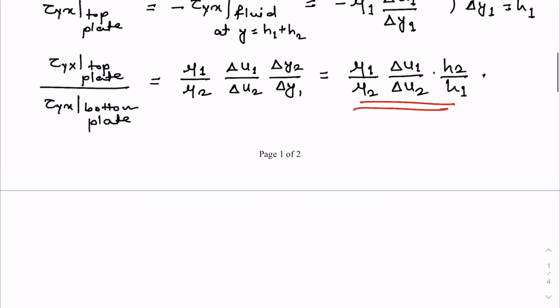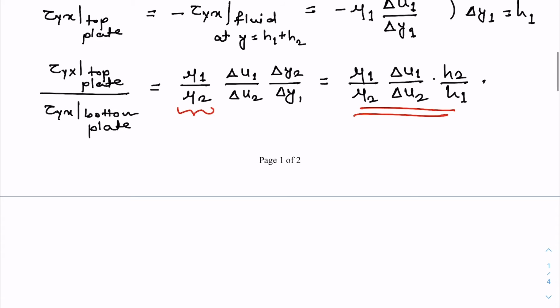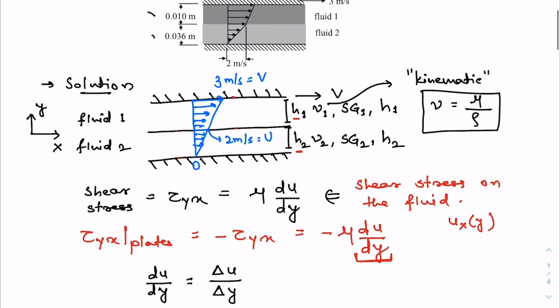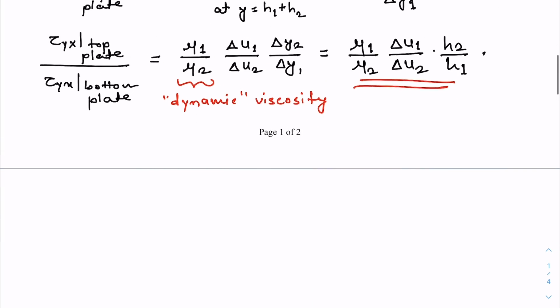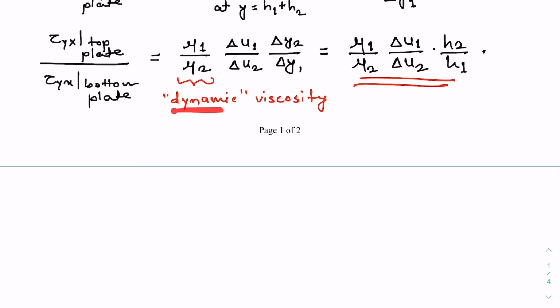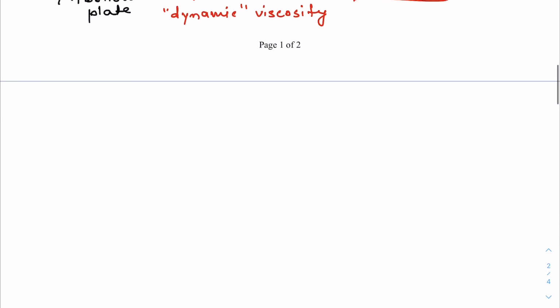Now here you can see we have dynamic viscosity in the ratio, but what we are given in the problem is the kinematic viscosity. So we need to replace this dynamic viscosity in terms of kinematic viscosity.